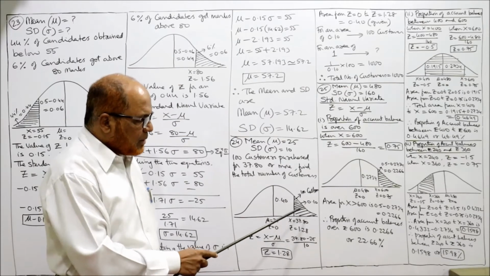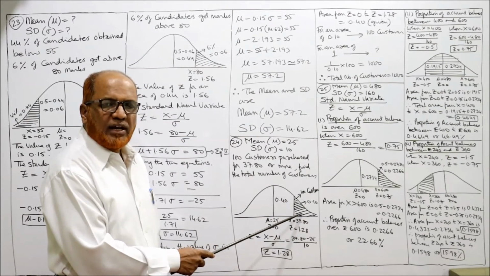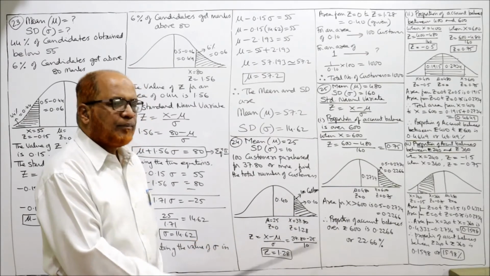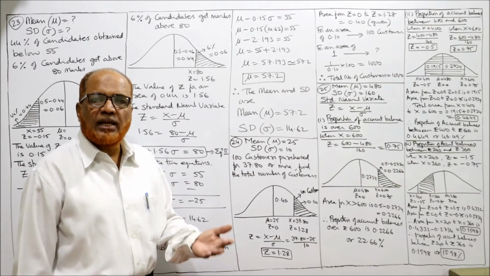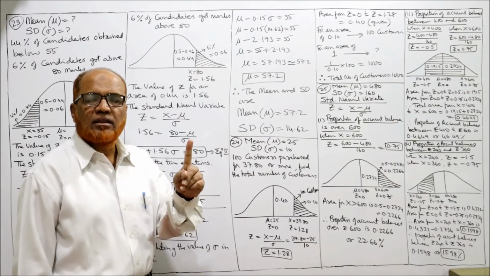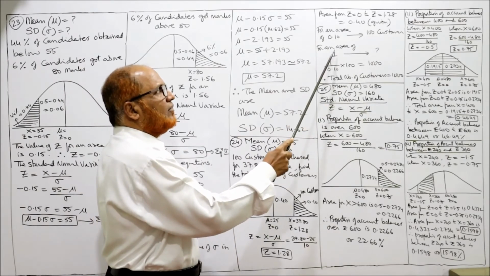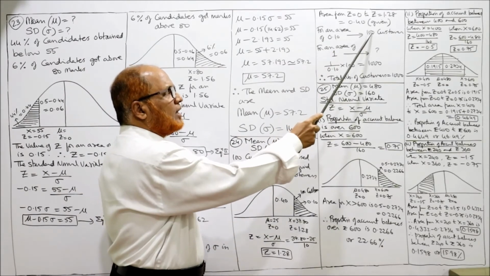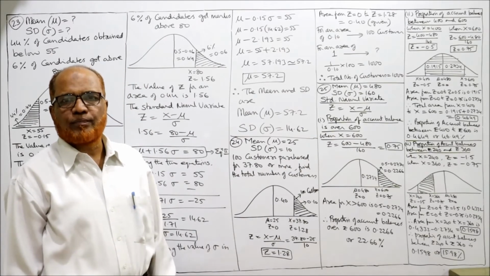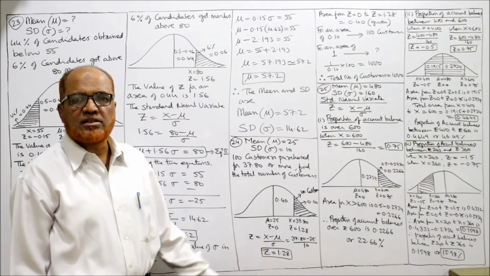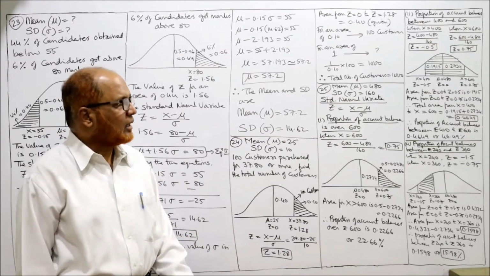So how many customers will be in the whole curve? The total area on the curve is 1. So 1 divided by 0.1 into 100, you will get 1000. So the total number of customers is 1000. That's what it is asking you: the total number of customers.